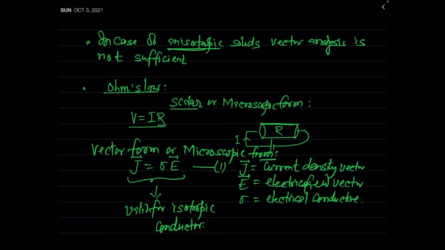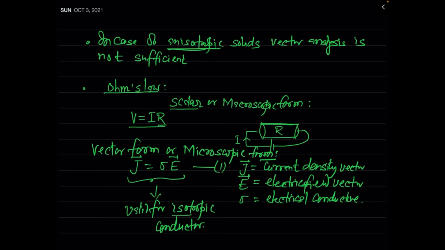This vector form of Ohm's law holds when our conductor is isotropic. It means its electrical conductivity does not depend on direction. It is same in all directions. Then this vector form of Ohm's law holds, and so in a nutshell you can say that the vector form of Ohm's law can be used, but only when the conductor is isotropic.